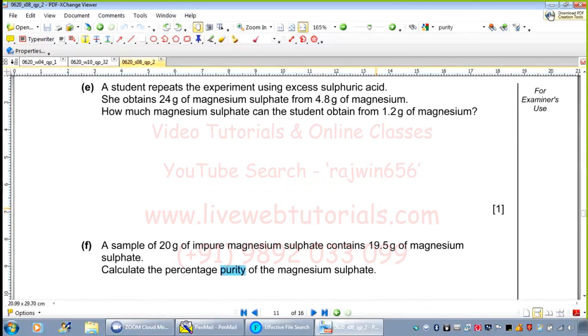Yes, we are going to solve this question. Okay, so basically here the reaction is between magnesium and sulfuric acid to produce MgSO4 plus H2.